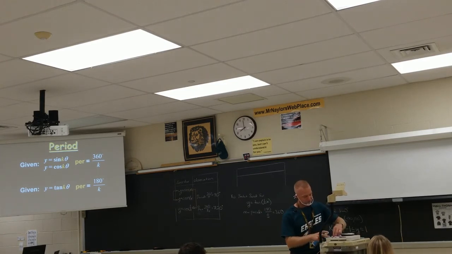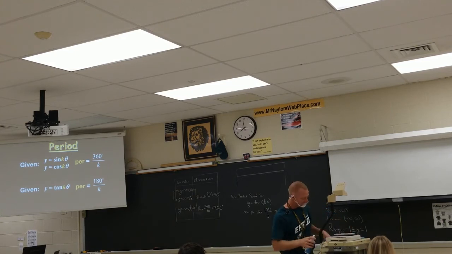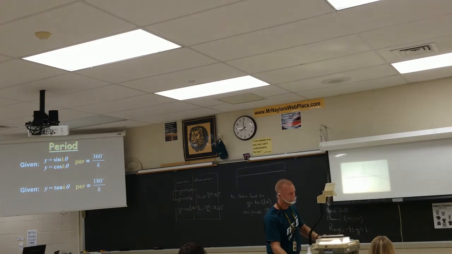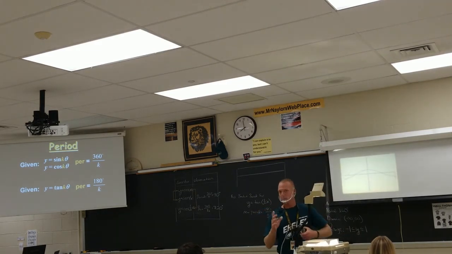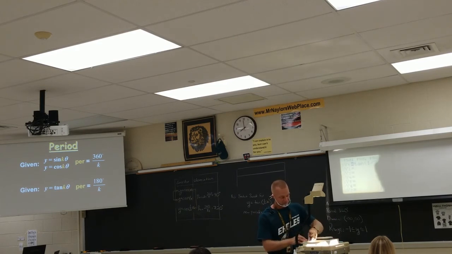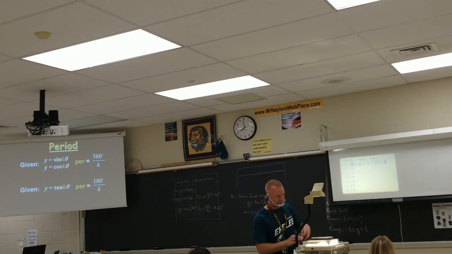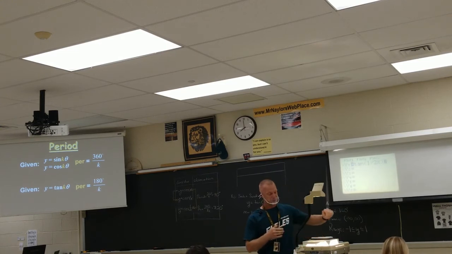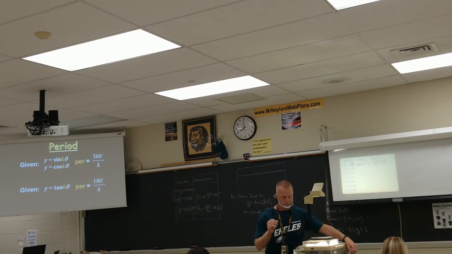At least for what we're doing today compared to yesterday, we haven't seen this yet. You haven't seen a tangent graph with a period of 360. What do you think this is going to look like? Feel free to play along, or I'll show you up here. I just want you to see this, because eventually you're going to be drawing these things without the calculator.